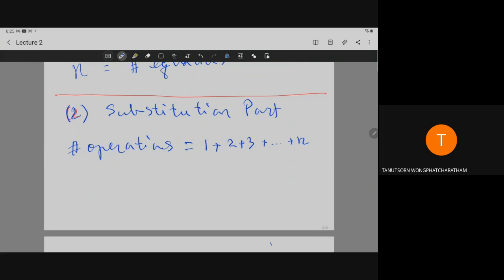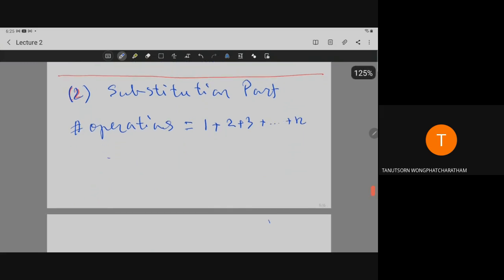And we can use the formula for the summation of k equals 1 all the way to n, which is n multiplied with n plus 1 divided by 2, which is n squared over 2 plus n over 2.